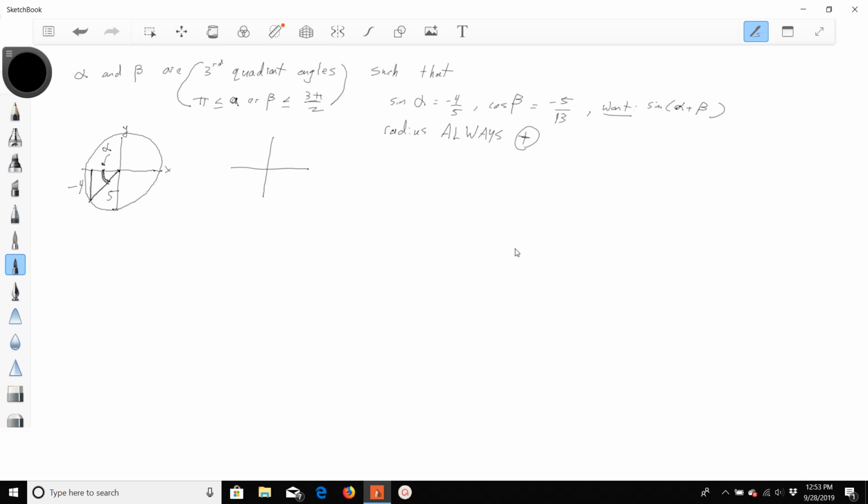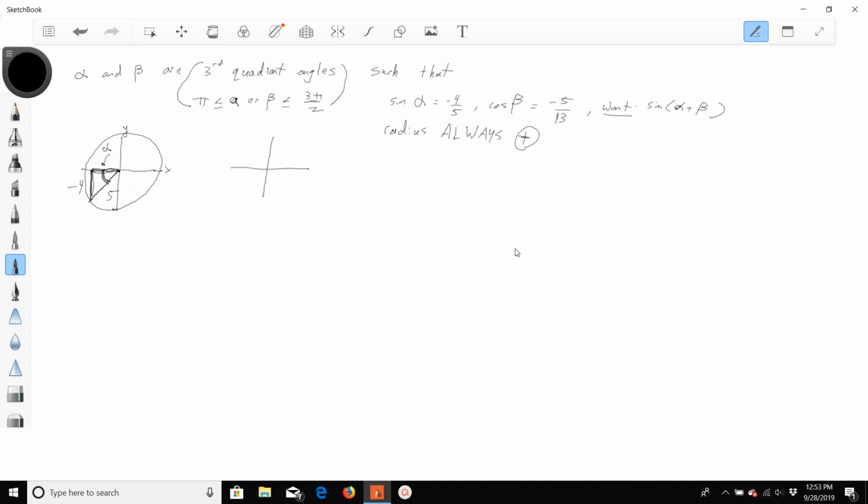A circle can't have a negative radius, right? That doesn't make sense. Distance is a positive quantity, but you can go down along the y-axis. So that's why your x or y legs are always going to be the ones that deal with these sign changes.